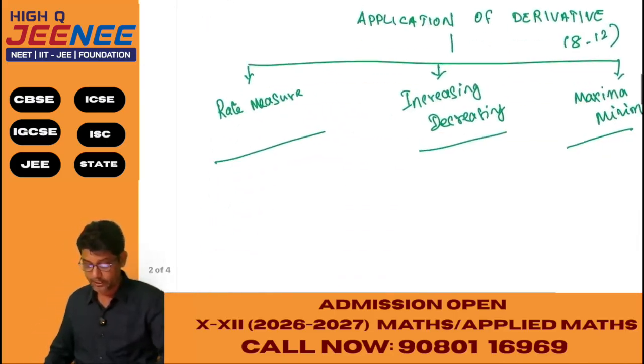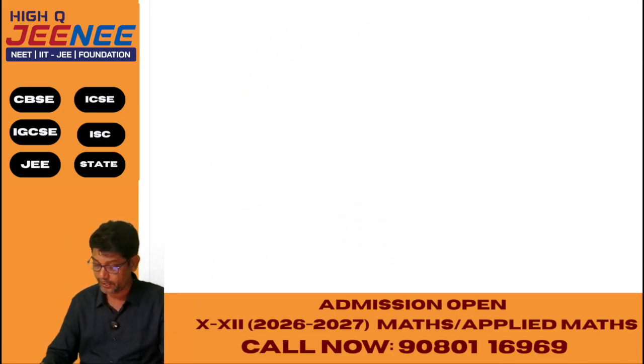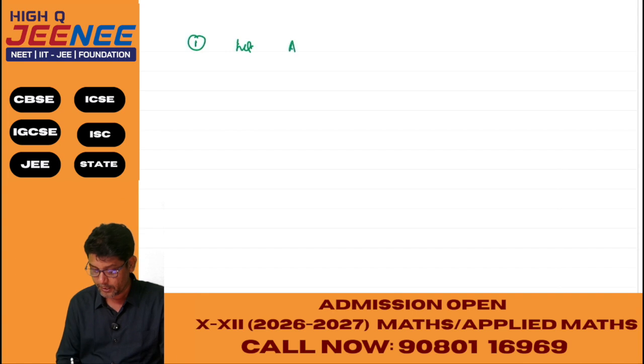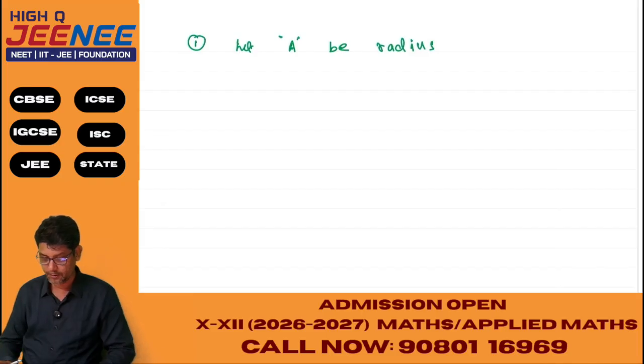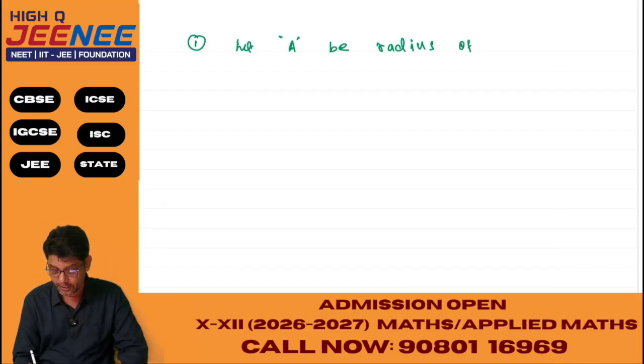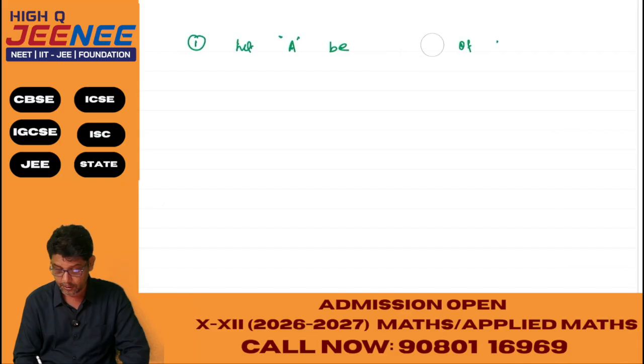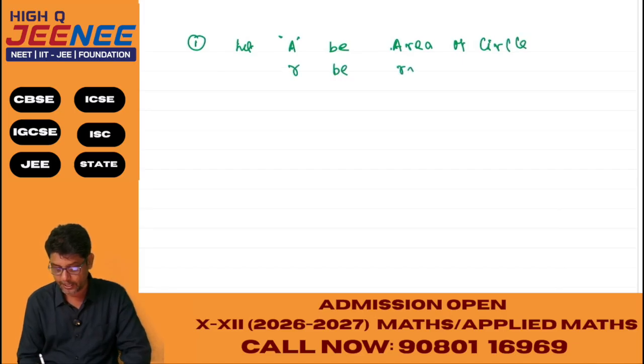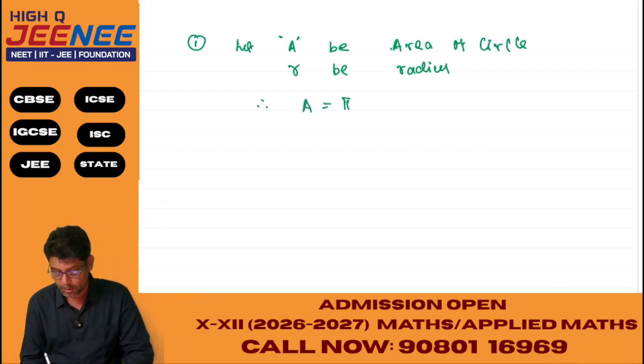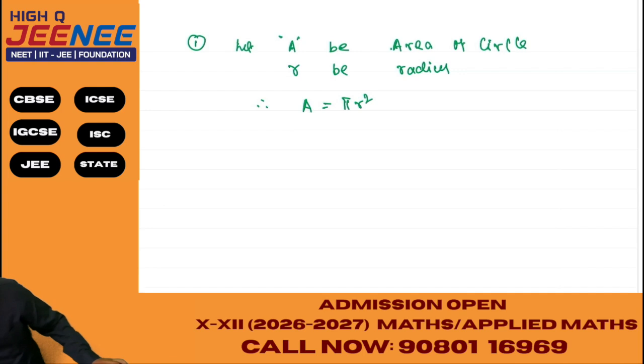Listen here, the step by step procedure is very important, my dear. Do not ignore the steps even if it comes for 2 marks. Step number 1: let A be the area of the circle, R be the radius. Therefore, A is equal to pi r square.